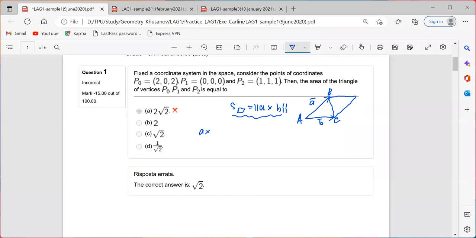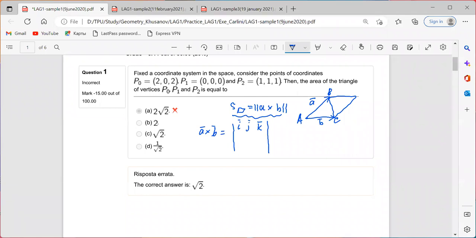A cross B, these being vectors, we can compute as a determinant where the first row will be i, j, and k vectors. i, j, k are the unit coordinate vectors in three-dimensional space.